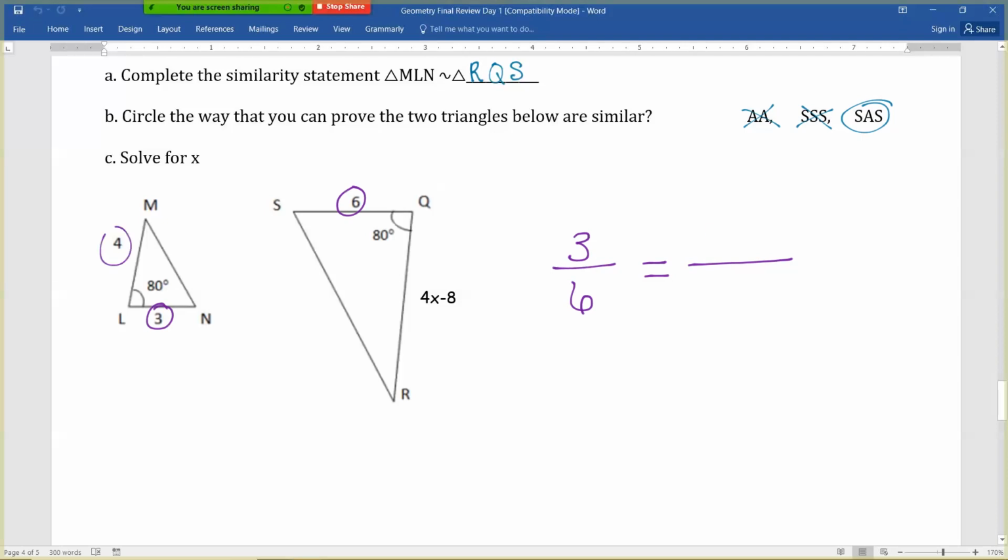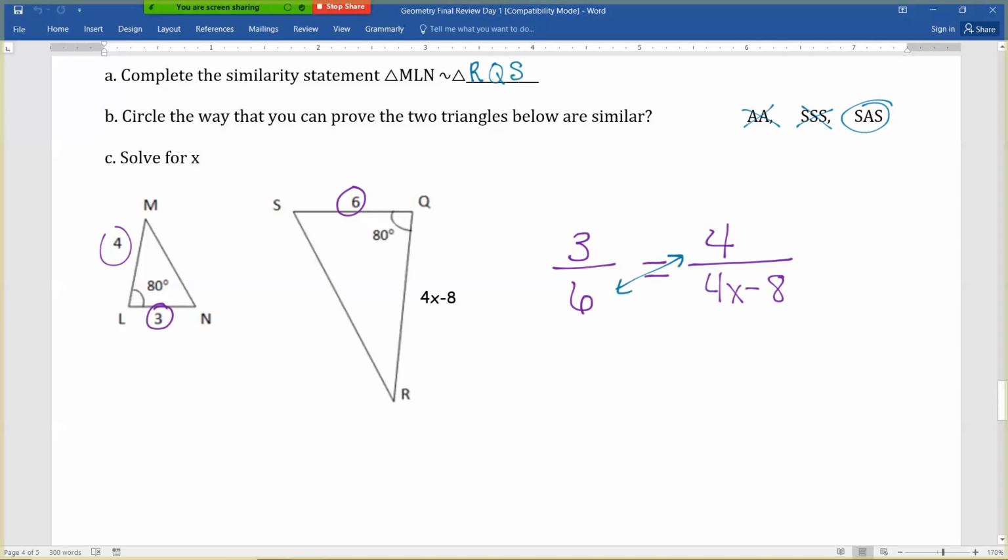4 divided by its corresponding side, 4x minus 8. So just be consistent. I started little triangle divided by big triangle, little triangle divided by big triangle, to remain consistent. Then we're going to cross multiply.